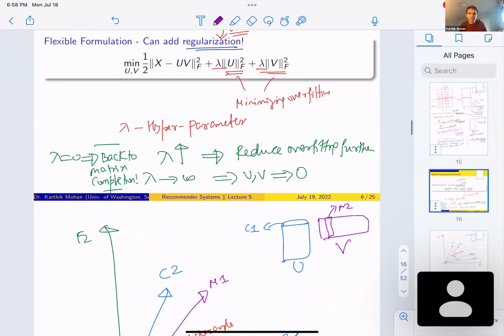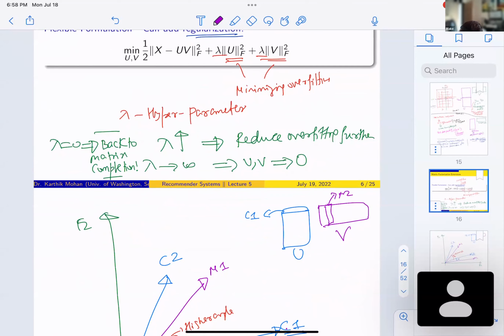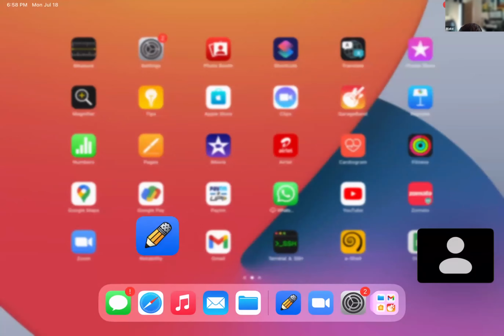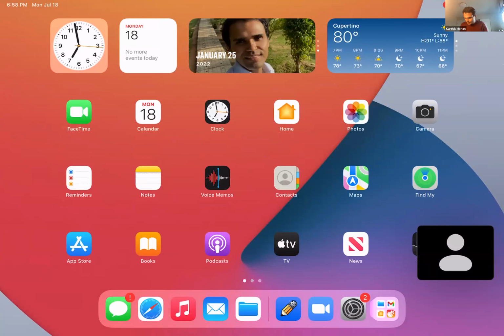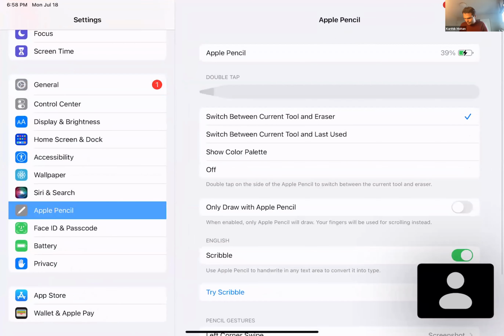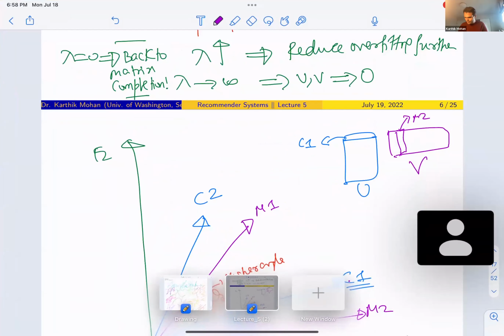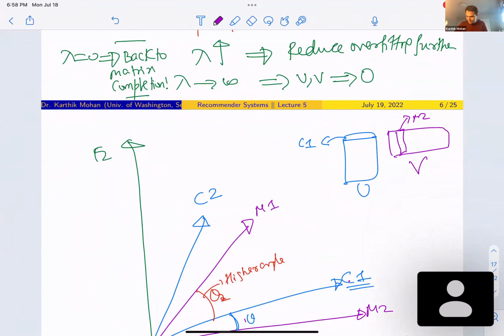Okay, any other questions? Let me see where I am with charge. Oh, that's strange, 40%. So either it's charging really quickly or there's some issue with the pencil. Do you guys need a break? Probably not, right?